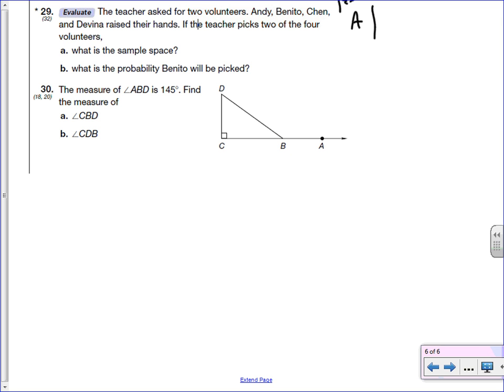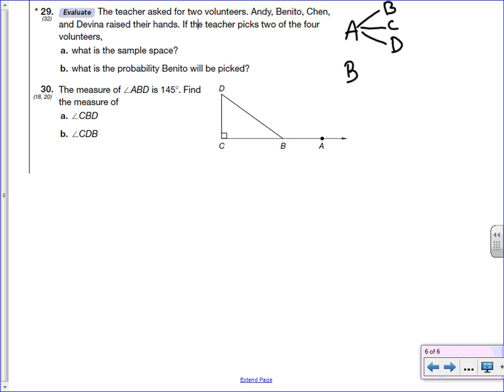Actually, I'm going to do this as a table. If Andy's picked first, then they can pick Benito, Chen, and Davina.